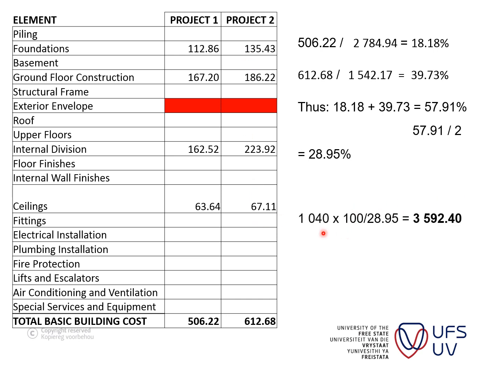If you extrapolate that with your rate per square meter, which you've calculated before, you get to a rate of 3,592 Rand. Very simple, but it can still contribute 5 or 6 marks in a test or an exam, so please be mindful of that.